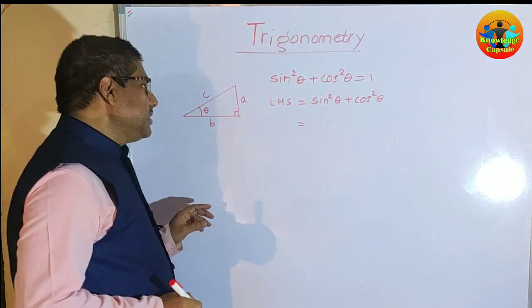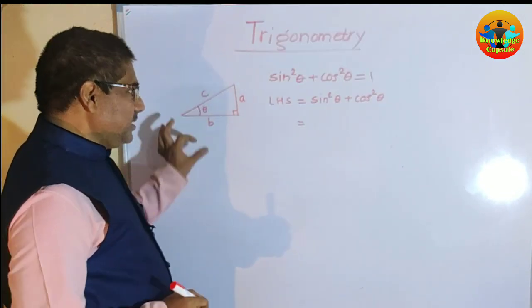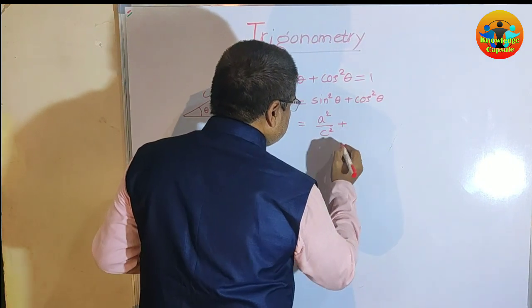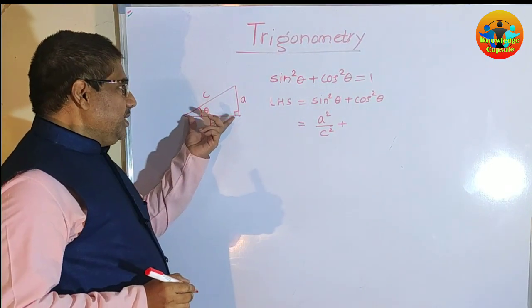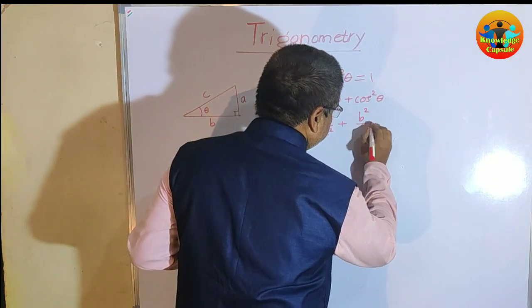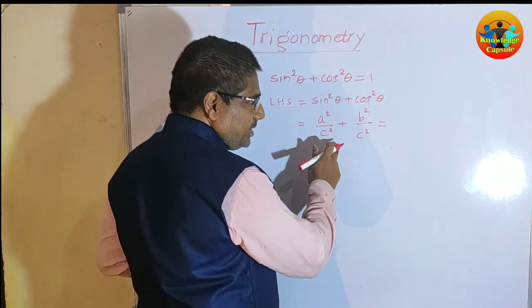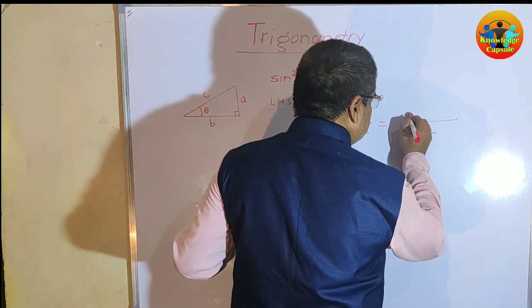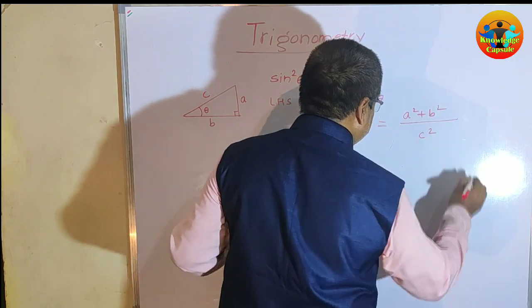Sine theta is A by C, its square means A square by C square, plus cos square theta means B by C whole square, that is B square by C square. If we take C square as LCM, in the numerator we will get A square plus B square.